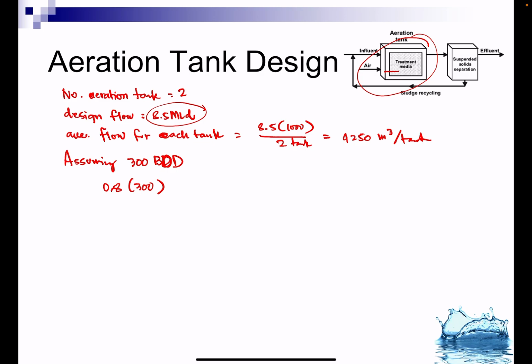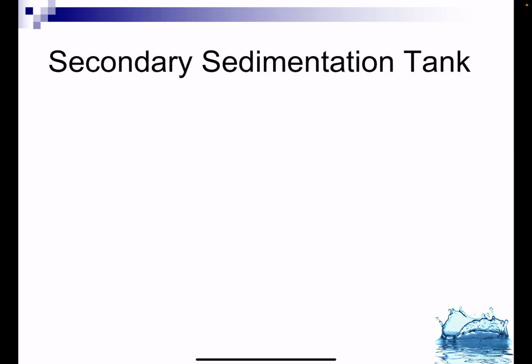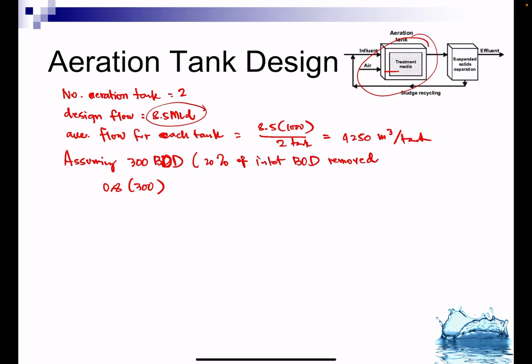It's because usually 20% of the inlet BOD is already removed in the grit chamber. So what remains to be removed in the aeration tank is just the remaining 80%.